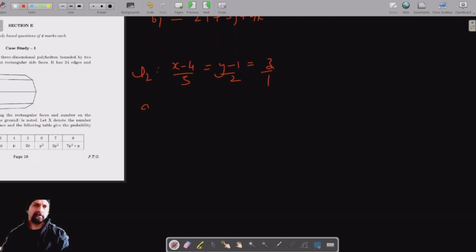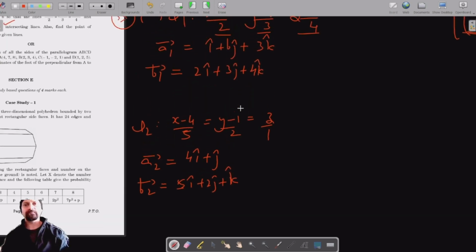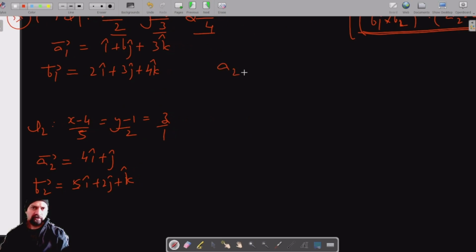A2 vector is 4i cap plus j cap, and we don't have the z coordinate. B2 vector is 5i cap plus 2j cap plus k cap. Now let's find a2 minus a1 vector.